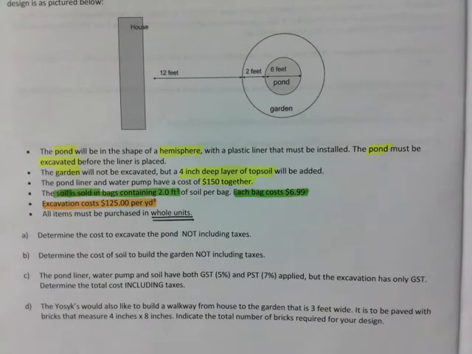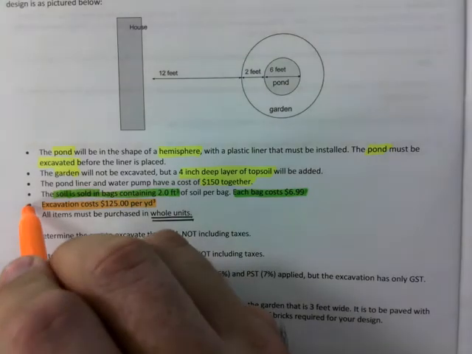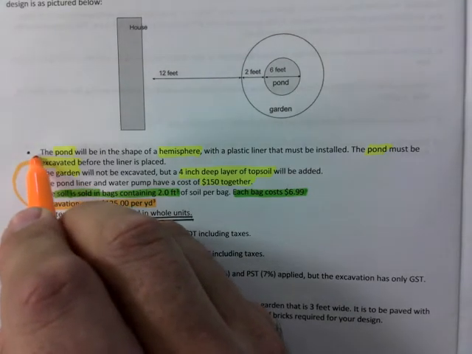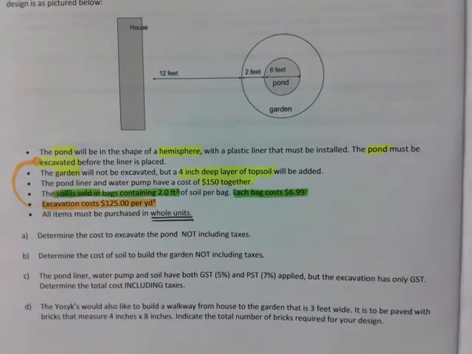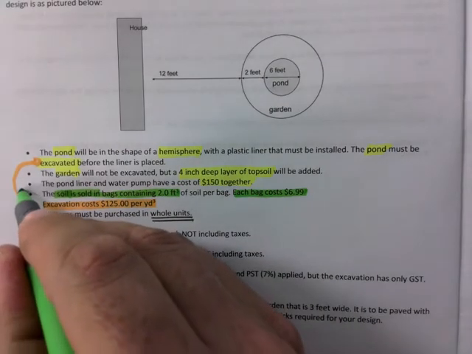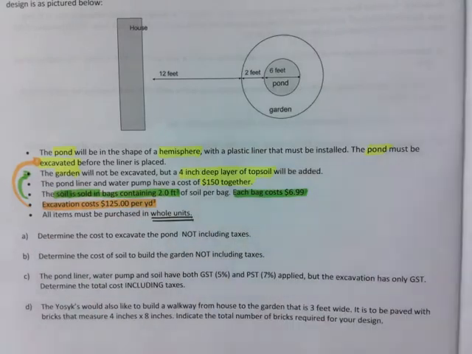And I just figured things are connected here. I don't know if you see that, but the excavation is kind of connected to that. The soil is connected to that bullet right there.